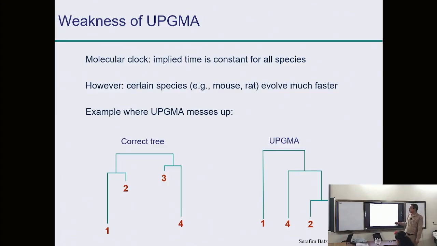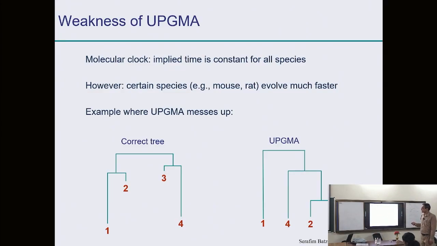So, UPGMA will generate this tree, while we know that the evolution happened this way. 1 is closest to 2, 3 is closest to 4, and then they have the last common ancestor, which is the root of this correct tree. Using UPGMA, you will land with this tree, which is not correct.